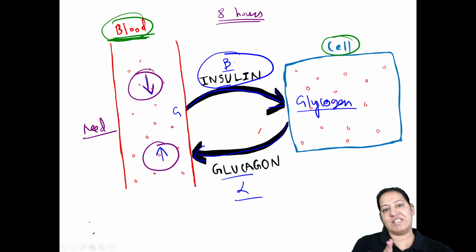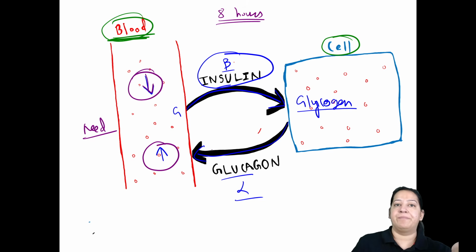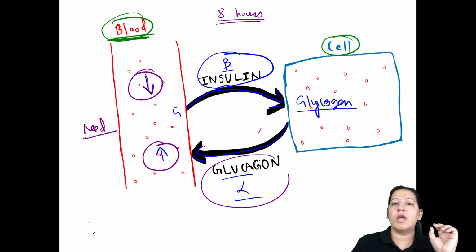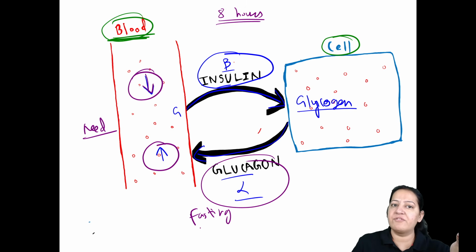It will fall below 80, below 70, and my brain will get less glucose. So during the fasting state, glucagon will come into role. Glucagon will shift the glycogen into the blood and increase the blood glucose level, because we are fasting for the last 8 hours.